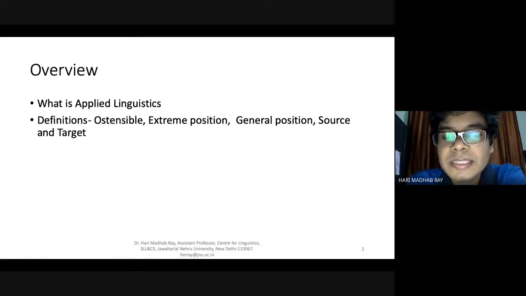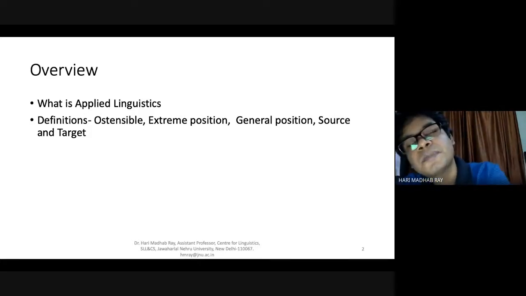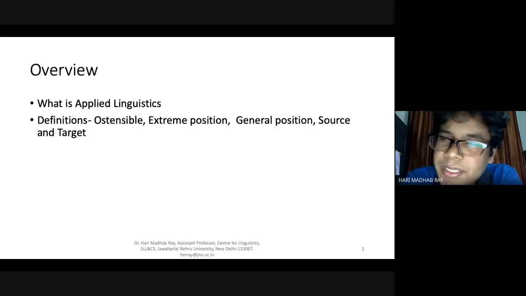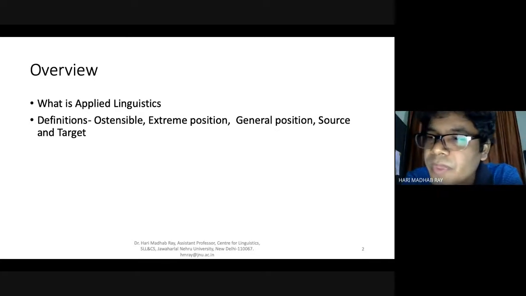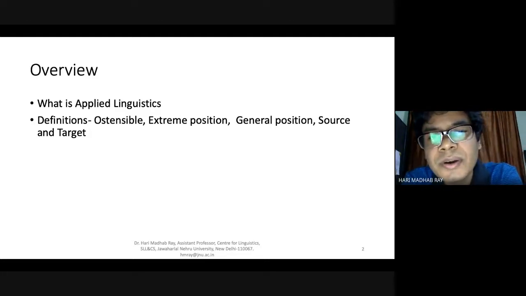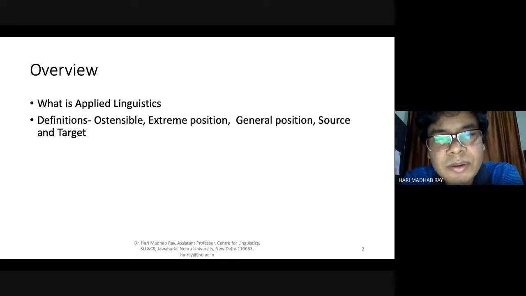I also told you in the last class about the narrow interpretation and the broad interpretation of applied linguistics. Is it only linguistics which is being applied, or are there some other things that are also applied? I tried to talk about that part as well.